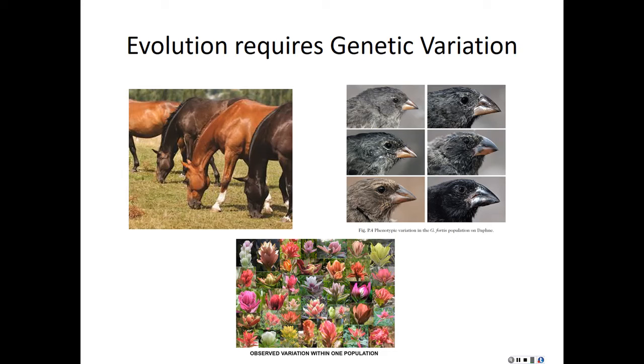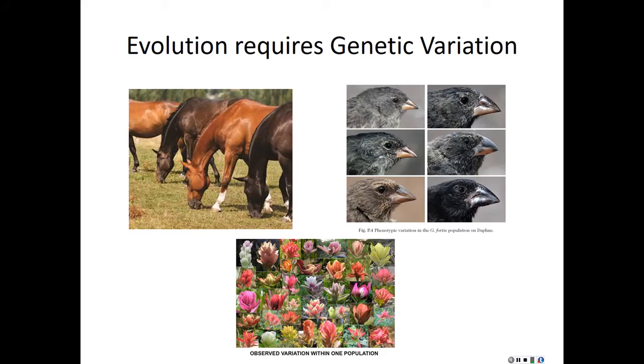Which is what is underlying the phenotypic variation we're seeing here in the different colors of the horses' fur, the different beak sizes and shapes, the different morphology and colors of the flower. These are all examples of genetic variation.